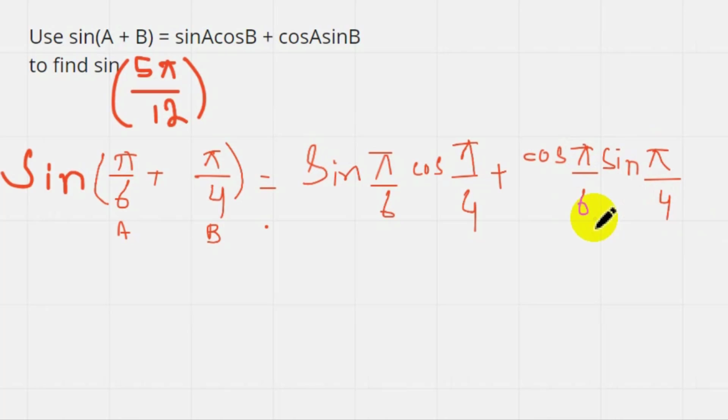Okay, so now we will substitute values in here. Sin pi over 6, which means sin 30 degrees, is equal to 1 over 2, times cos pi over 4, which is cos 45 degrees, which is 1 over square root of 2.